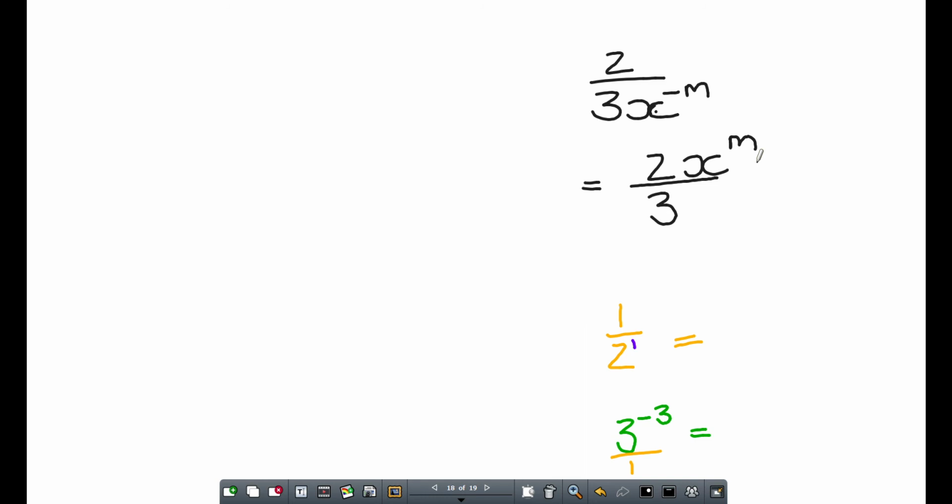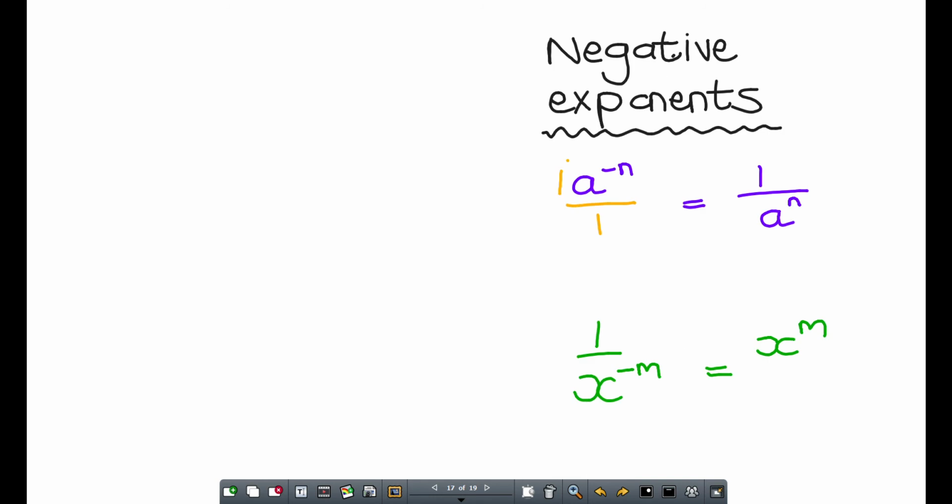Okay, let me skip back to the previous one. That is what moved up. So if there was a 2 in front, it would look like this, because the 2 is not allowed to move.